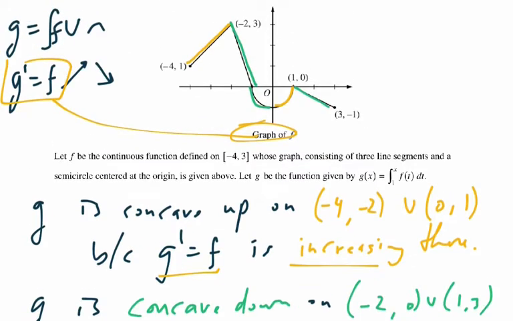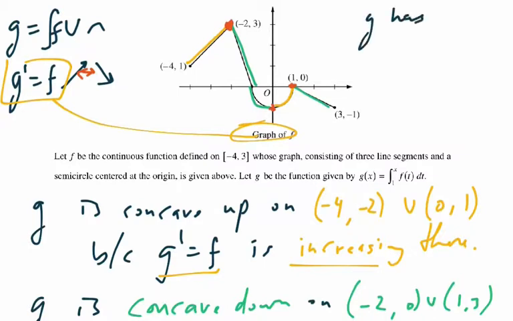How do we tell that? We would look to see where g prime, which is f, changes from increasing to decreasing or vice versa. So on the graph, that's where we have a color change. So here we'd have a point of inflection, here we'd have a point of inflection, and there would be a third point of inflection. So let's write that here.